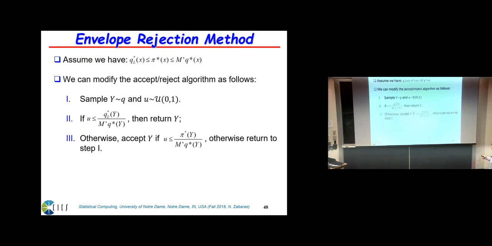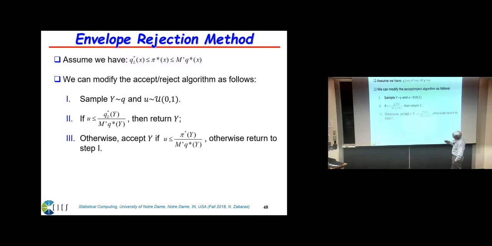So basically we sample Y from Q, all right? We sample U from the uniform distribution. This is what is new. And this is sort of an intermediate step where you can terminate the algorithm. It says if U is less than or equal to this lower bound QL star at Y divided by M star Q star of Y, then return Y. Will you agree with me that if this is satisfied, the theory that we discussed before will accept Y?